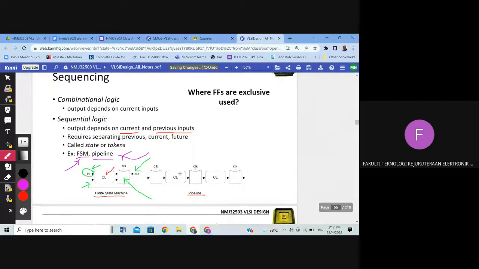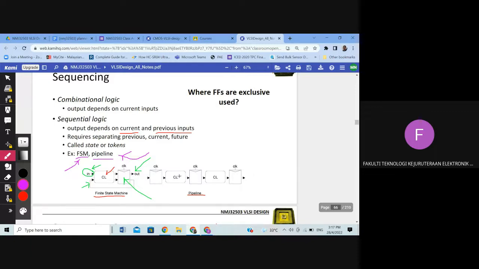So this is the illustration of the finite state machine. We have combinational logic together with a flip-flop here. This is what we call a sequential circuit. And here is a pipeline.